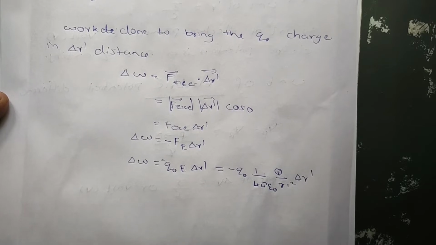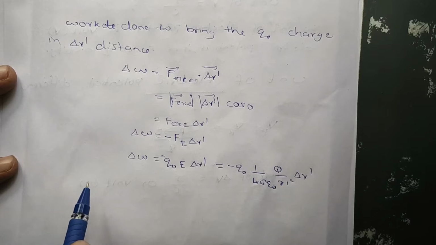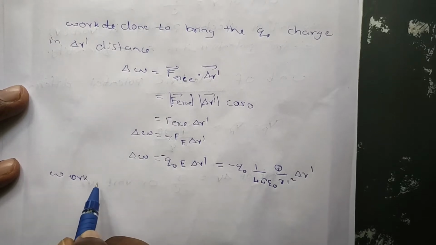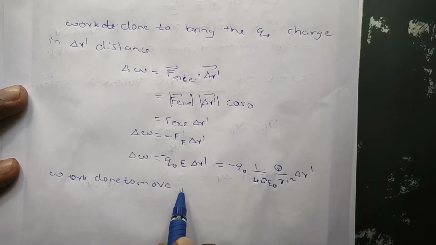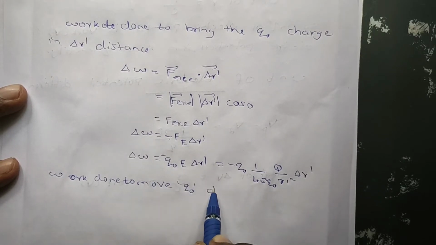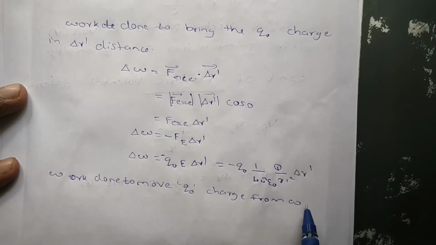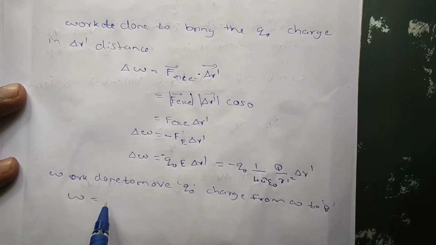But electric potential means work done to move from infinity to the P point. So the total work done to move Q naught charge from infinity to P is W, that is equal to the integration from infinity to P of delta W. Okay, this delta, coming inside, becomes dW.